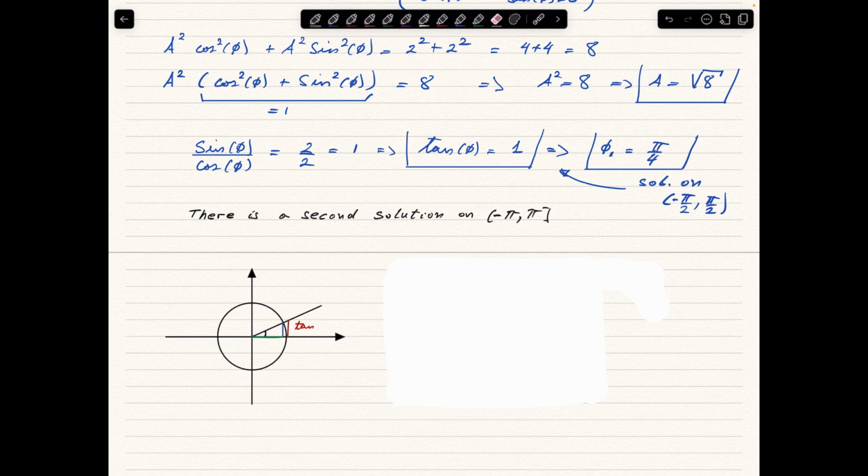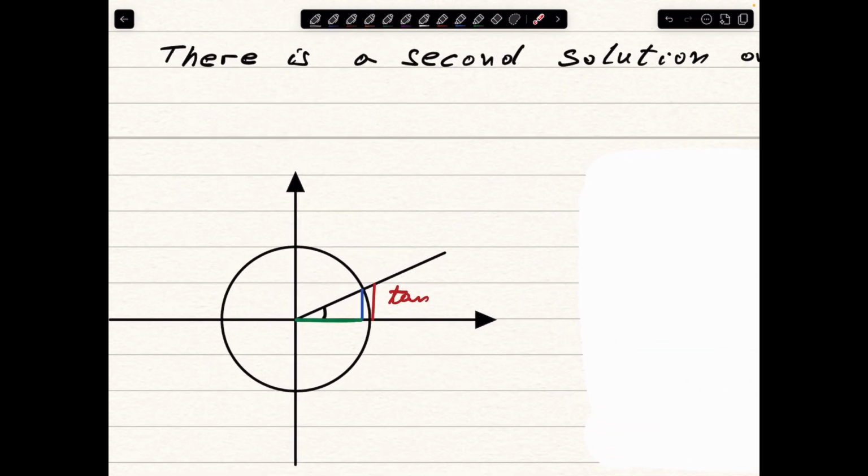In the unit circle, recall given an angle here, we said this segment is the sine of this angle, this is the cosine, and actually the tangent is from outside the circle all the way up to there. This is the tangent. But this tangent has only one solution on pi over 2, negative pi over 2.